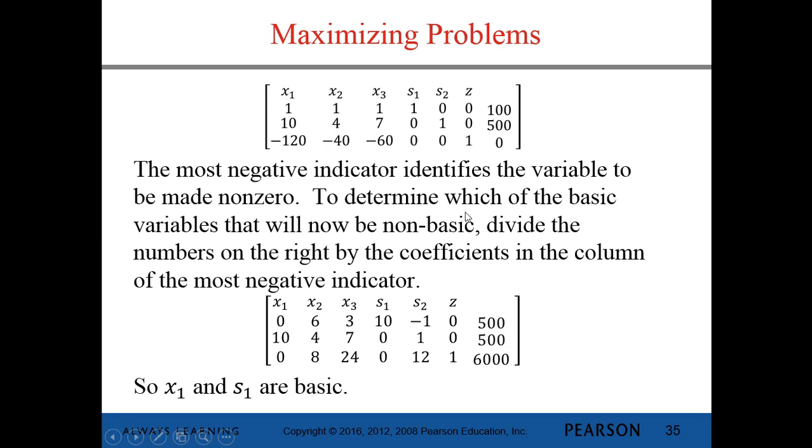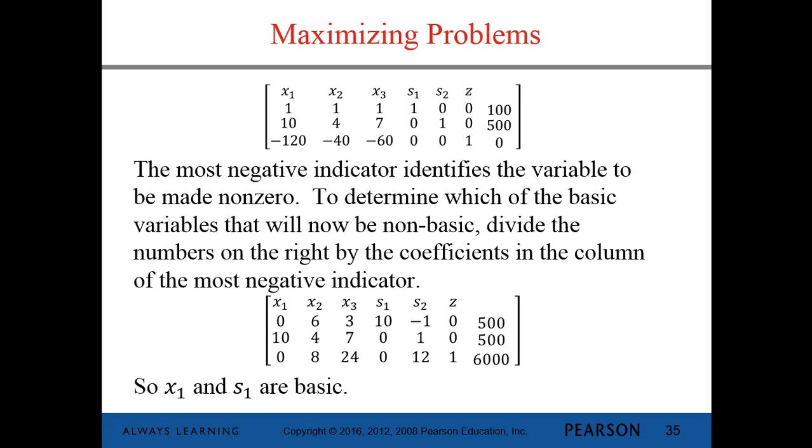And now to decide which one of these two are not going to be basic anymore, we take the coefficients of these two and divide by them. So we ignore this last row, we're only looking at the constraints, remember? So we're going to divide both of these rightmost numbers by the coefficients.